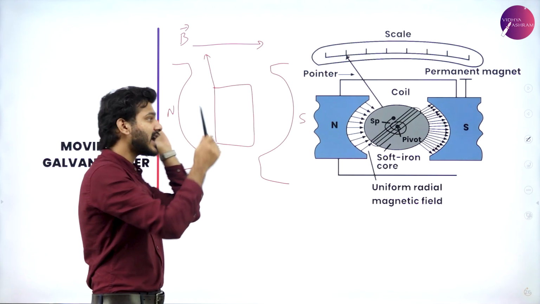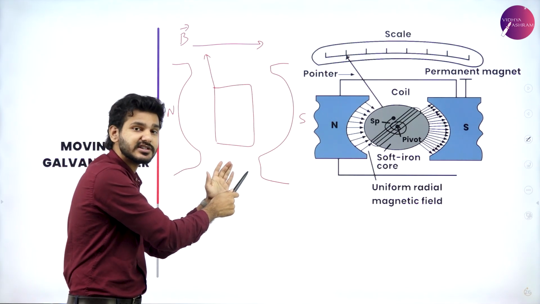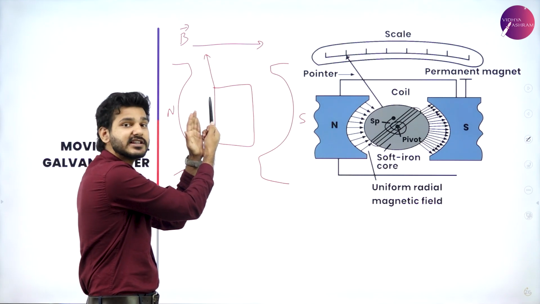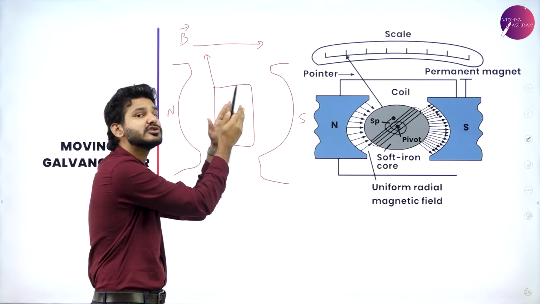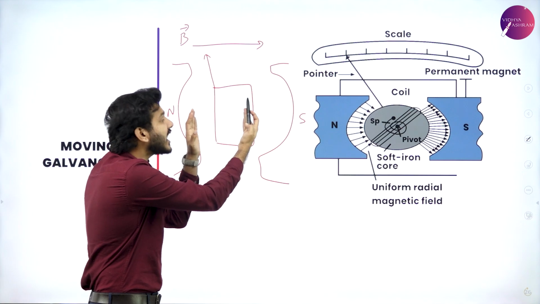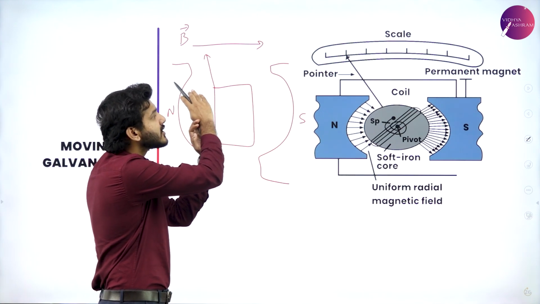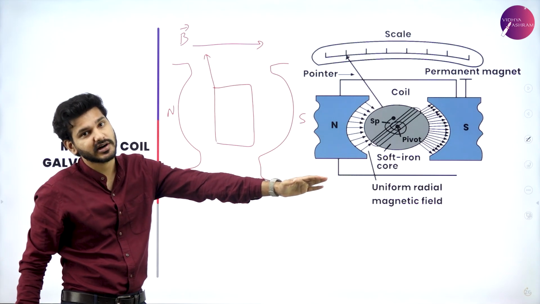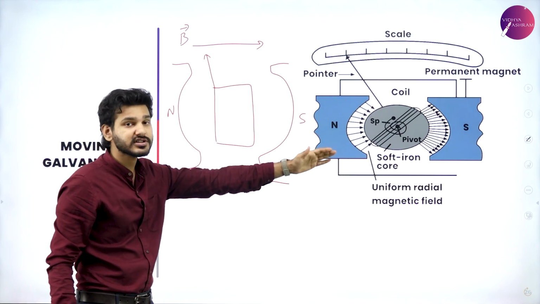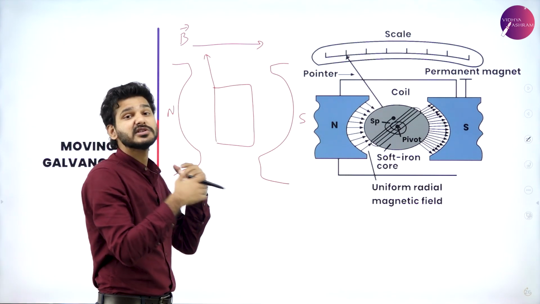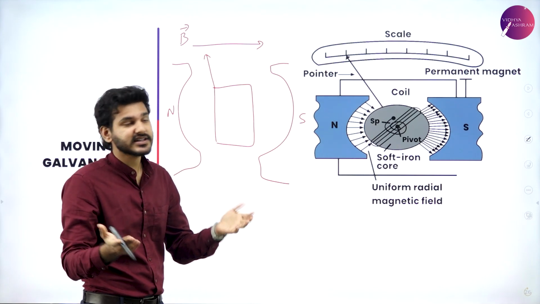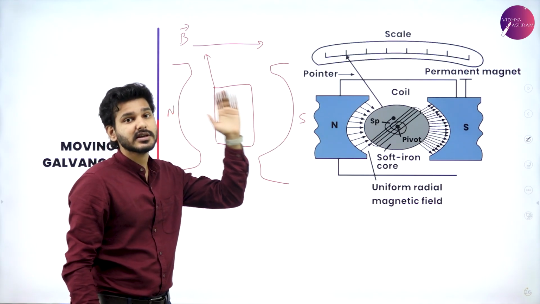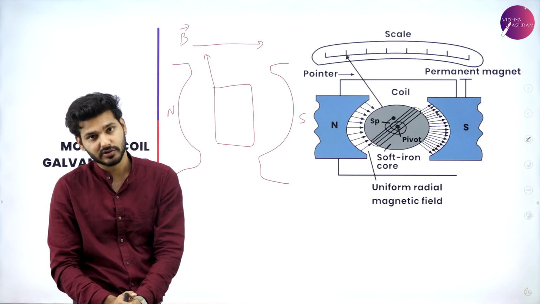Which means that as soon as I introduce current into this particular loop, this coil will experience a torque and will start to rotate. Now, when this coil starts to rotate, this needle will move. That is, the needle will deflect along the direction of the current flow, or simply it will cause a movement in the needle, which we can clearly know means that the needle is deflecting because there is current flow in the circuit.